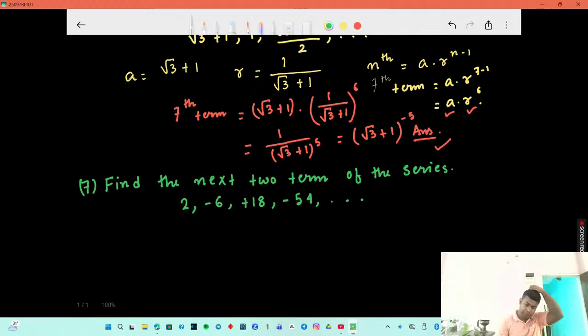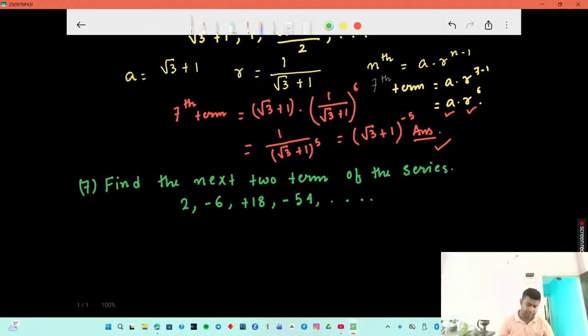So here we have to find the next two terms of the series. How can we find them? For finding the next two terms of the series, we should first know the value of A and the value of R. A is denoted as the first term and R is denoted as the common ratio.